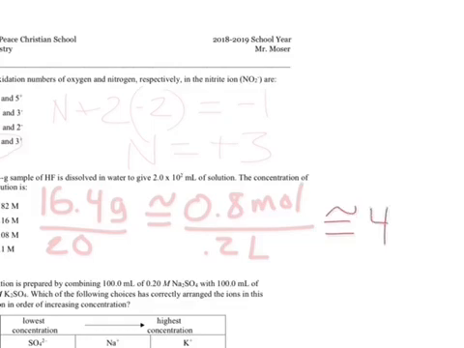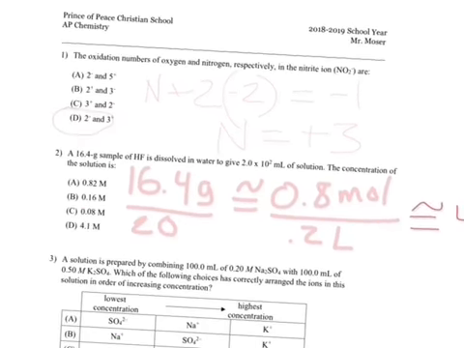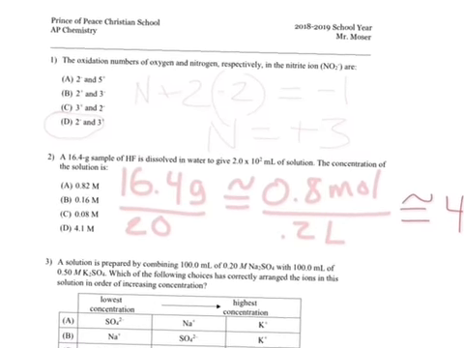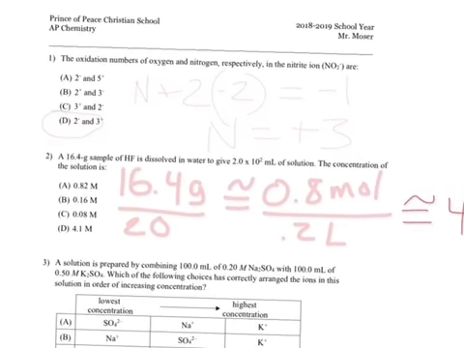In fact, 16.4 is slightly greater than 16, which would have given us 0.8, so we're looking for a number that's slightly larger than 4, and we can see that the only answer that makes any sense is choice D. So we're going to go with choice D.